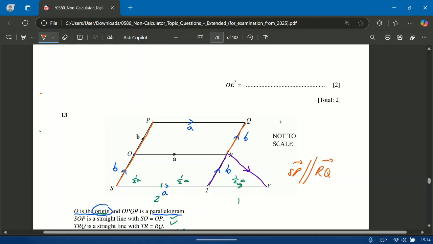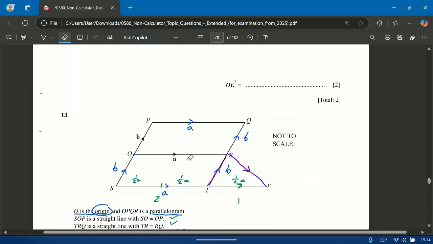They don't have to be exactly the same, because SP will be 2B, because it's B and B, and RQ is just B, but they're parallel because of the B. They can have a different coefficient, yeah? It just says that SP is double the vector of B, but they are still parallel because they have the same vector.